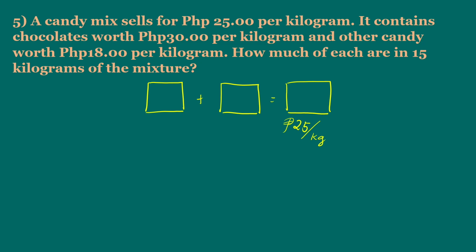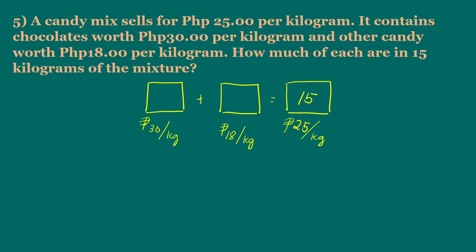And then that's a mixture of chocolates worth 30 pesos per kilogram and the other candy which is 18 pesos per kilogram. How much of each are in 15 kilograms of the mixture? So the mixture is 15 kilograms.